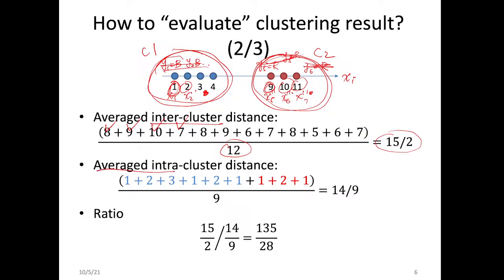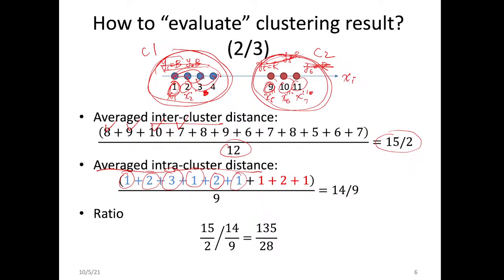So what is the average intracluster distance? That's the average distance between 2 data points within the same cluster. So here we have distance between 1 to 2, which is 1, 1 to 3, which is 2, 1 to 4, which is 3. And then we have 2 to 3, which is 1, 2 to 4, which is 2, 3 to 4, which is 1, and so on.